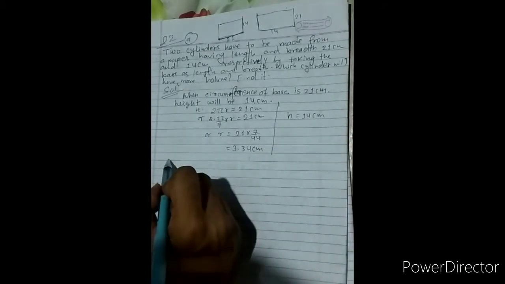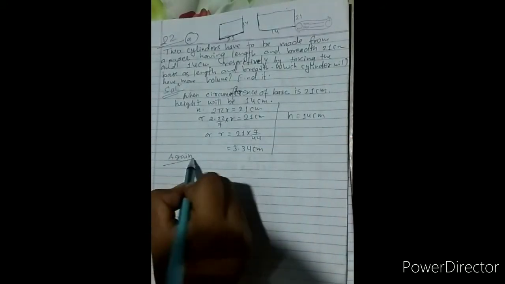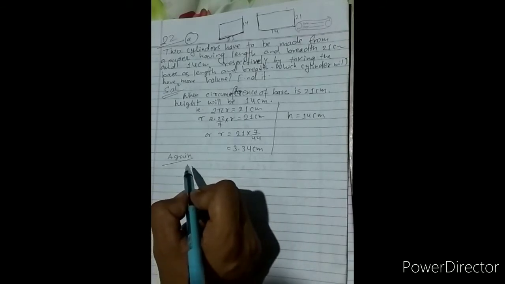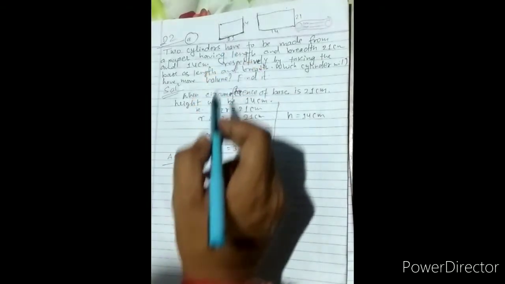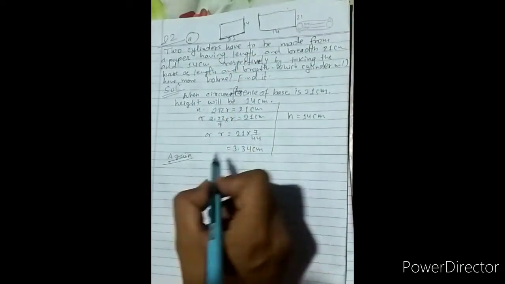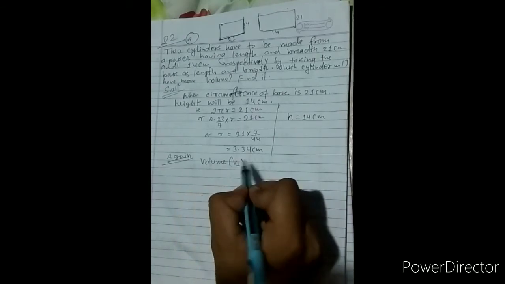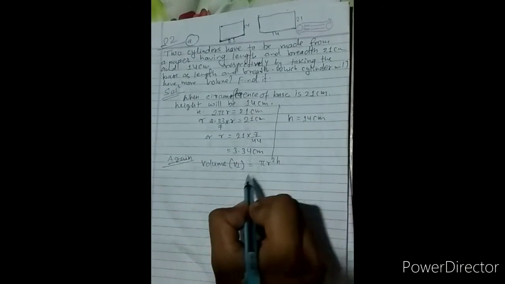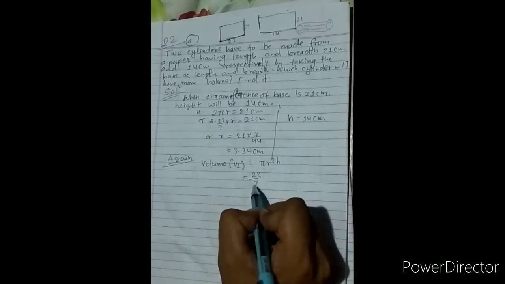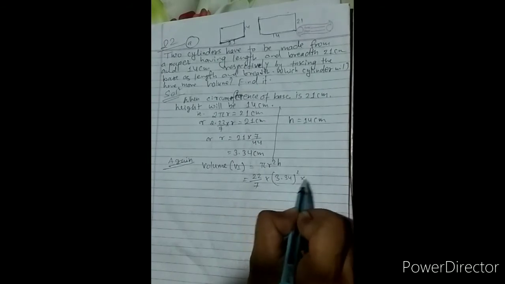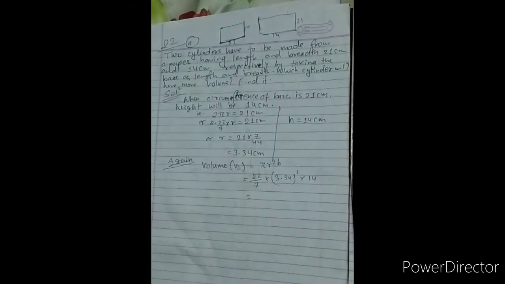Now let's find its volume first. Volume is pi r square h, 22 by 7, r is 3.34 square into 14.